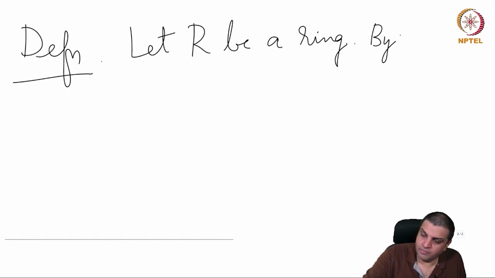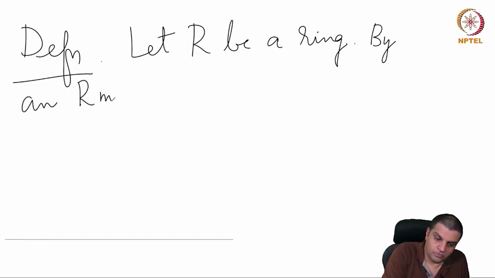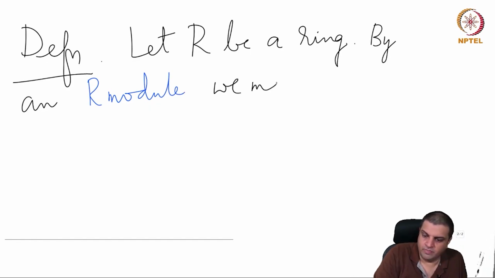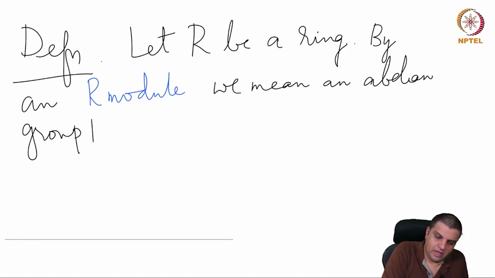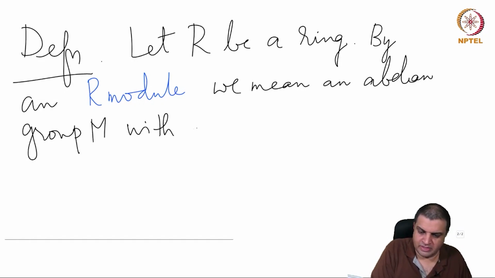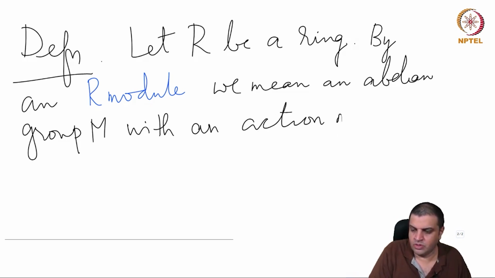By an R module, we mean an abelian group M with an action of R satisfying the following.